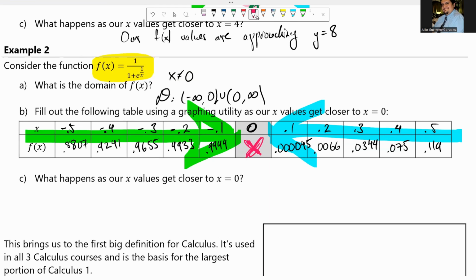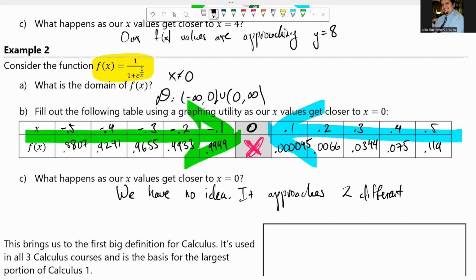So what can we say happens to our f of x when x gets closer to 0? We have no idea, in this case, for now. Different values.